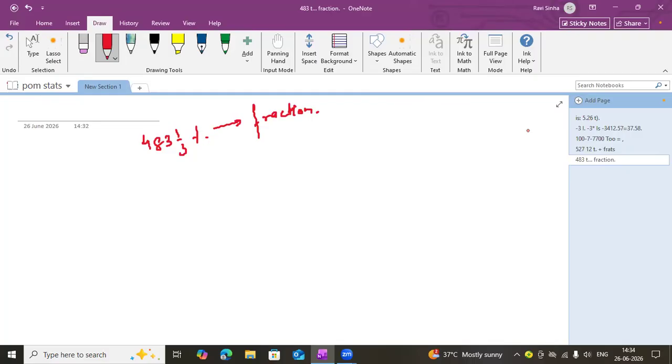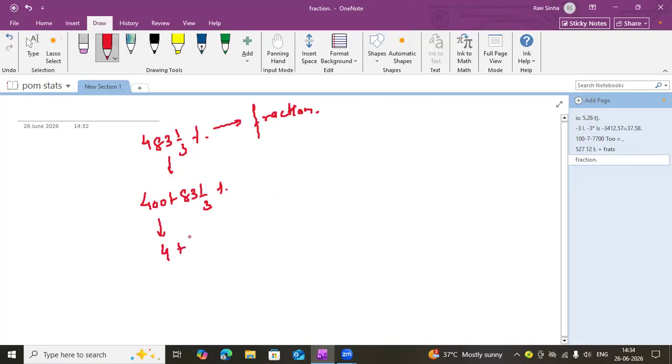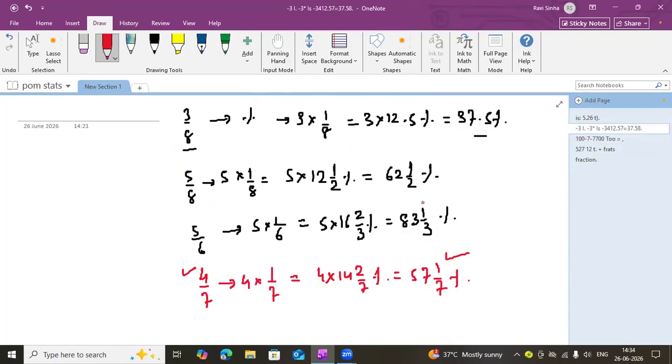So let us see how to proceed with this problem. Now 483 1 by 3% can be written as 400 plus 83 1 by 3%. 400 can be written in the fraction as 4, plus 83 1 by 3% we have already done. 83 1 by 3% is 5 by 6.